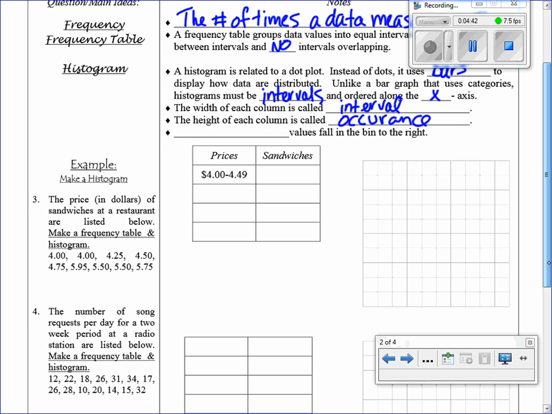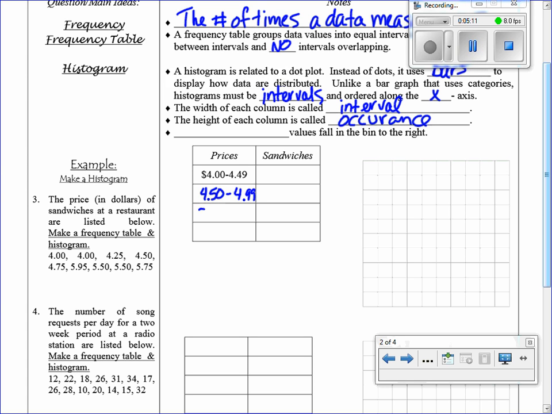Okay, so make a histogram. It says the prices in dollars of sandwiches at a restaurant are listed below. Make a frequency table and histogram. Now, our intervals need to be consistent. So if I'm going from 4 to 4.49, I'm going to then go from 4.50 to 4.99.